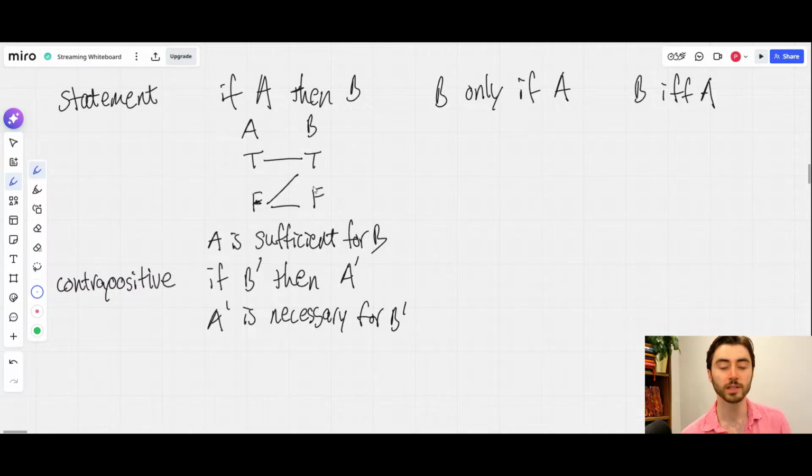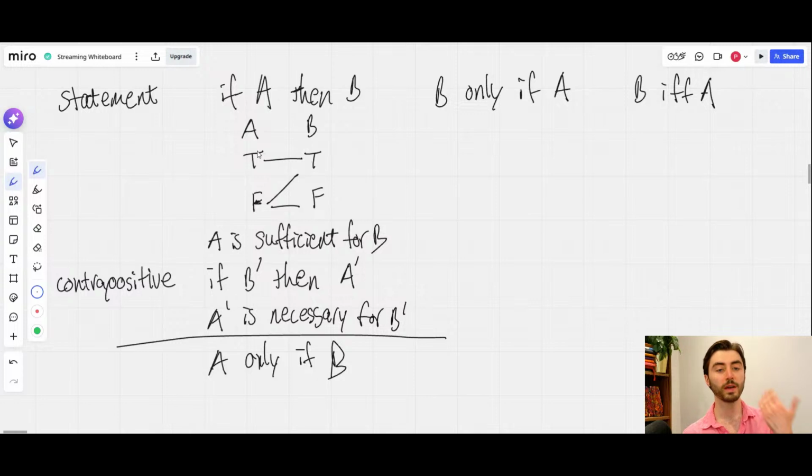But because these lines work both ways, there are even more statements that come out of this. We can also say, not if B, then A, but A only if B. So the only way for A to be true is for B to be true as well. And we can also say that A being false is necessary. There are so many statements.